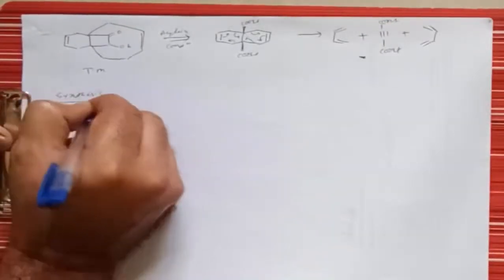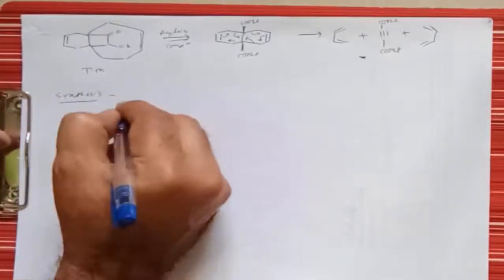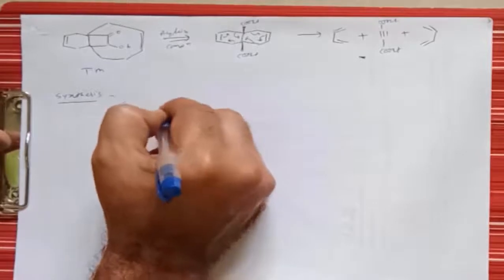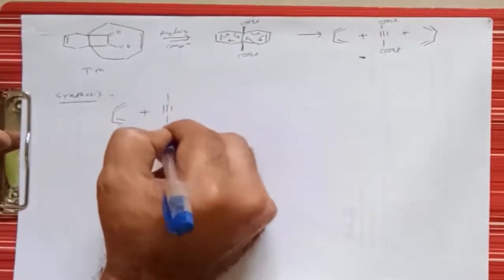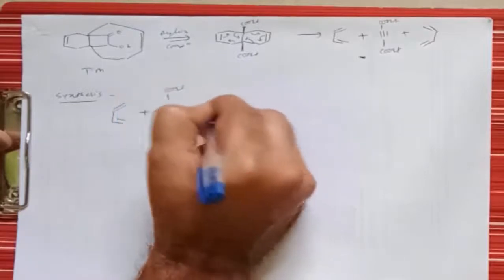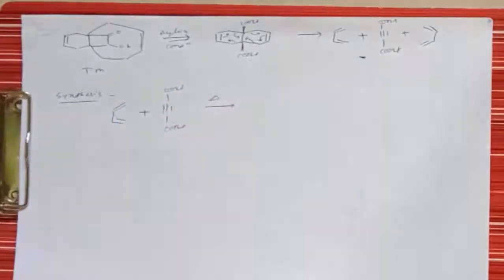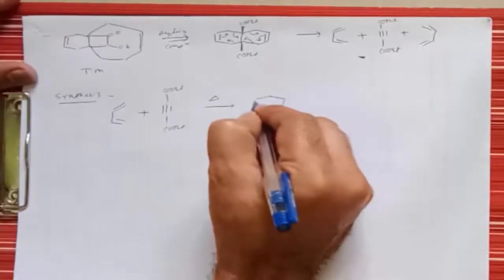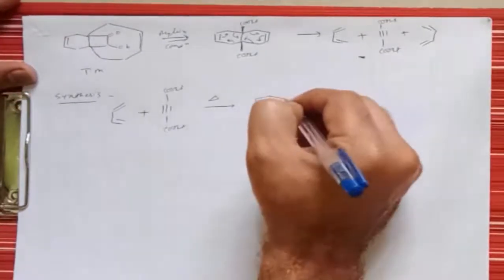So in the synthesis, we can take the 1,4-butadiene plus this ester in the presence of heat. What it gives? It gives formation of a cyclic system along with a double bond.